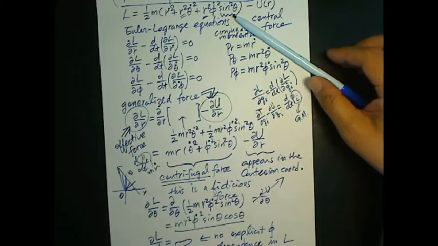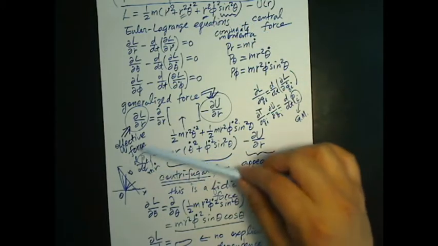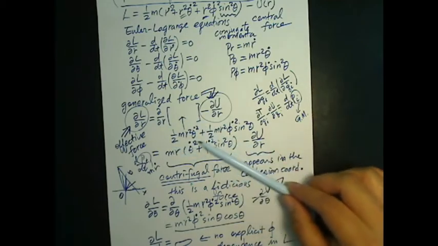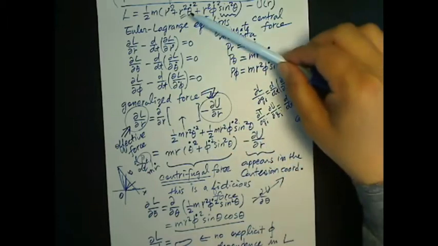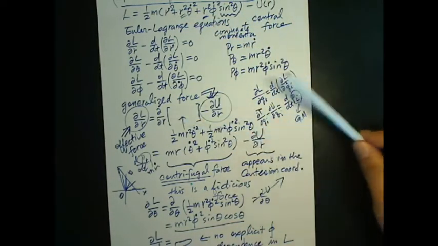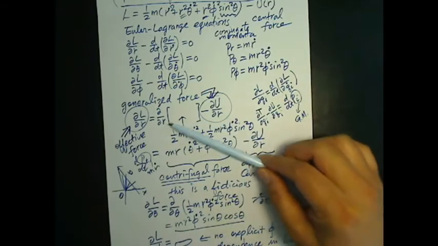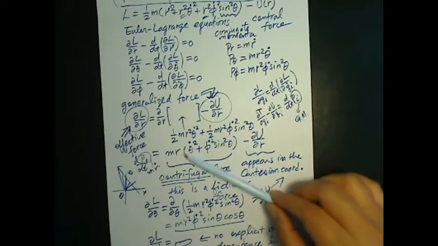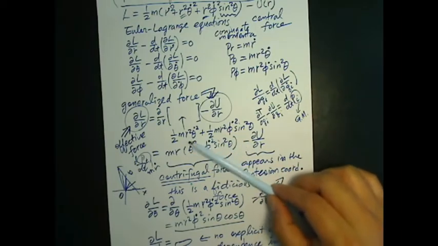If we consider the Lagrangian's partial derivative with respect to radius, the kinetic energy for the theta and phi directions should be considered. And if I take the derivative, I have m r omega squared. This is the omega squared for the theta rotation.